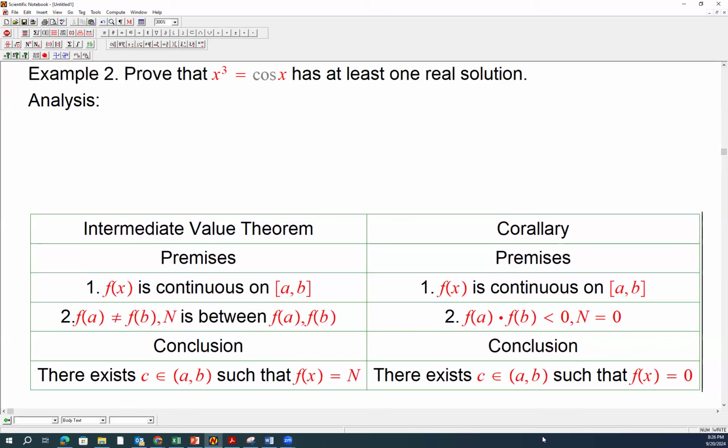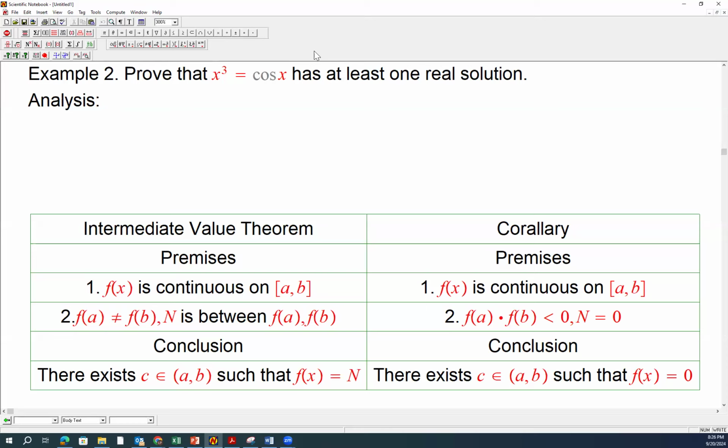So I put the theorem right next to us. This part is like my scratch paper, and first I need to identify the function. How do I identify the function? Well, if they ask us to prove there's at least one real solution, we can assume there is one.